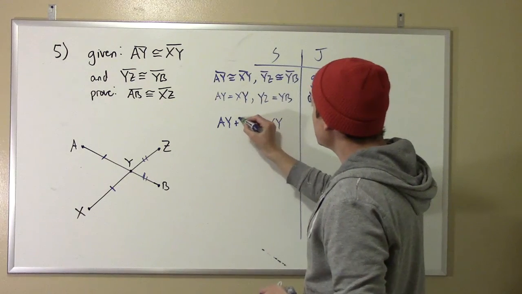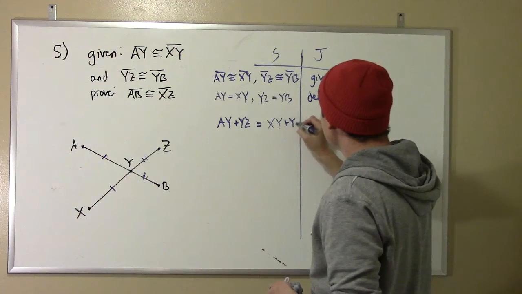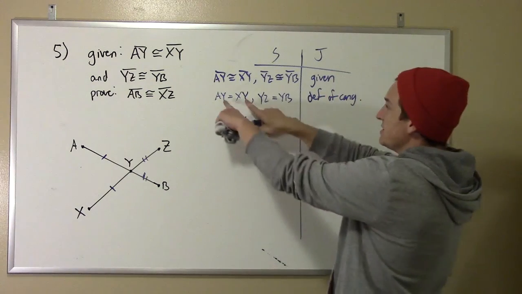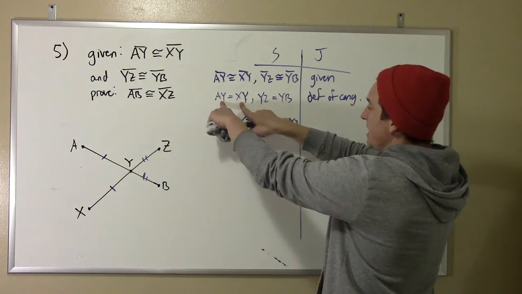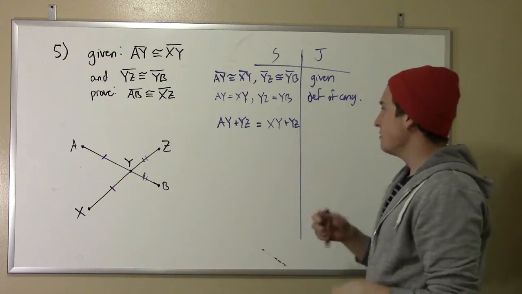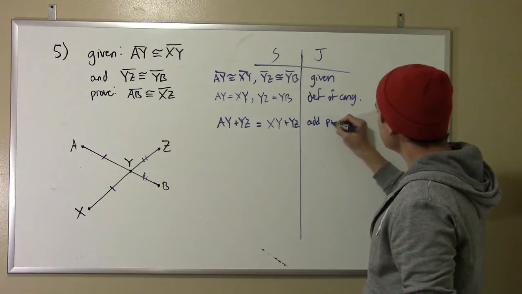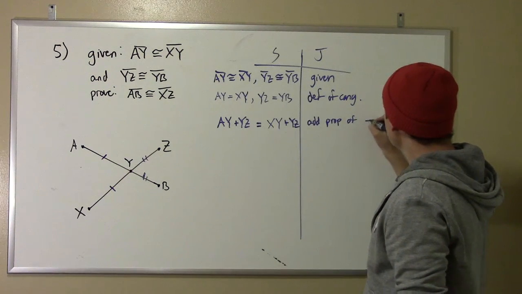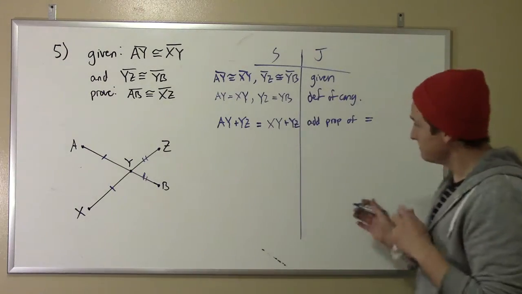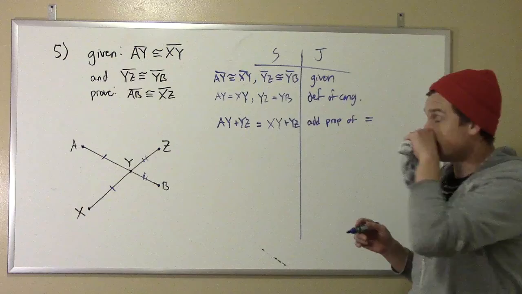So we're going to go plus YZ, plus YZ, right? So I took this statement right here, and I just rewrote it. All I did was add YZ to both sides. We can do that. That's the addition property of equality. Again, it may not be super obvious why we want to do that, but you're going to see in just a second.